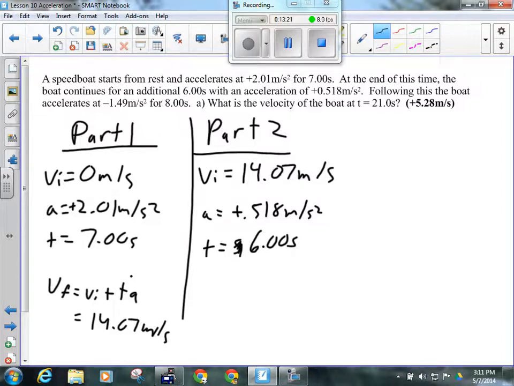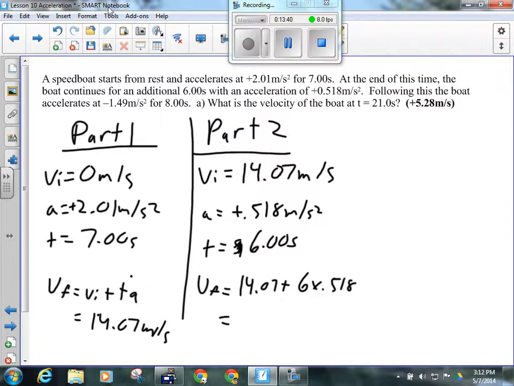Okay, what do I need to find out about part 2 before I can do part 3? Yeah, the final velocity. So it's exactly the same calculation I did here. Okay, so VF is going to equal VI, 14.07 plus T times A, 6 times 0.518.